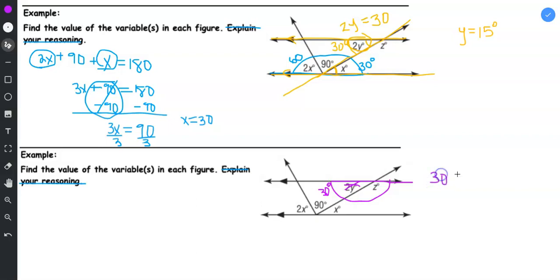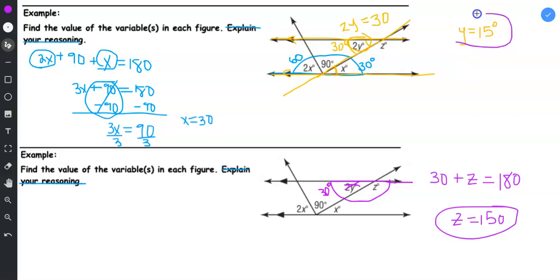So 30 degrees plus z is going to equal 180 degrees, which means that, if you solve it, subtract 30 from each side, you're going to get that z is equal to 150 degrees. So we just found z, we have y, and we have x.